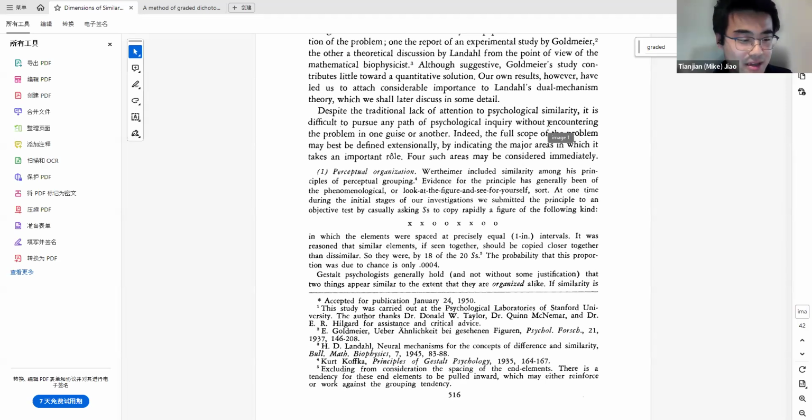Another potential way to consider similarity is in conditioning and inhibition. So if you think about conditioning, I don't know, a rat or maybe a mouse, if you use the same stimulus over and over again, and the mouse associates it with a reward of some kind, and then you present it with a similar stimulus that looks roughly the same, you are expecting the mouse to display similar behaviors.